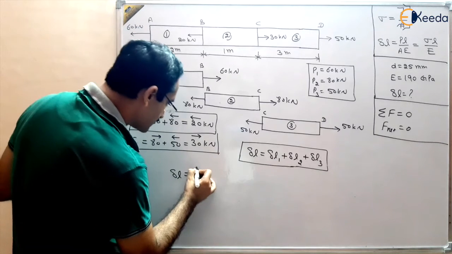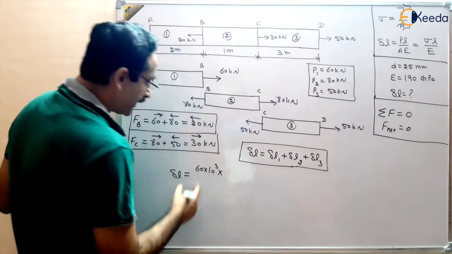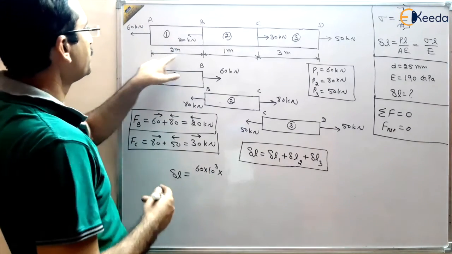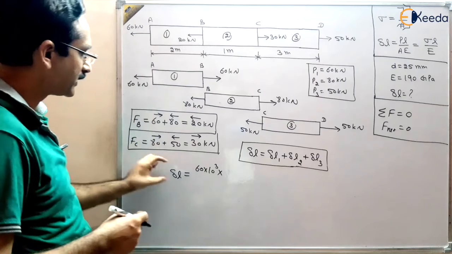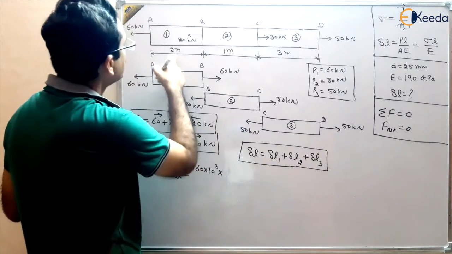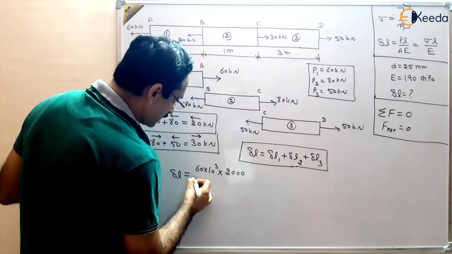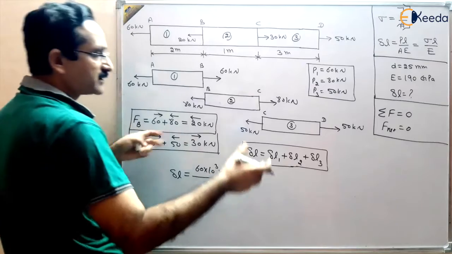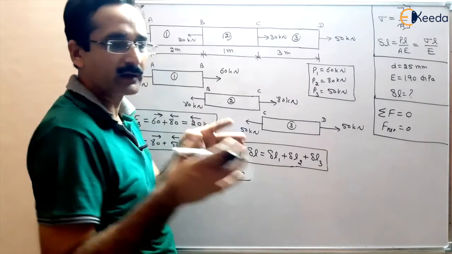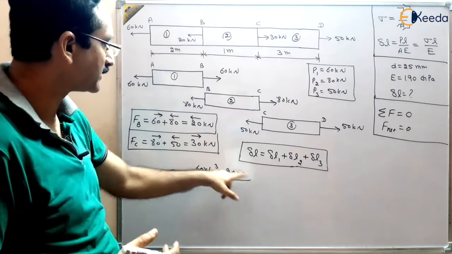P is 60 kilonewton, 10 power 3, multiplied by L. L is given in meter, but you can apply it in millimeter, so that the answer comes in millimeter, right? So you can apply 2000, so that the answer comes in millimeter, because the extensions are very small, generally all deformations are in mm, so we are using mm for length also, right?